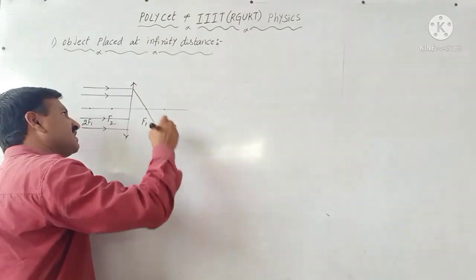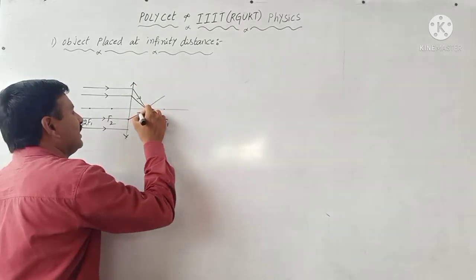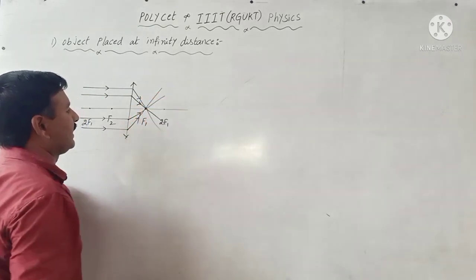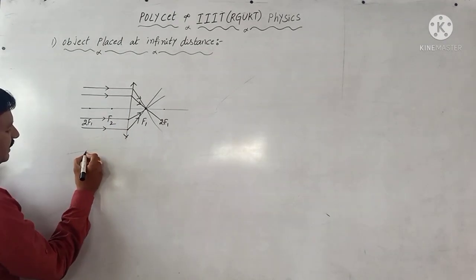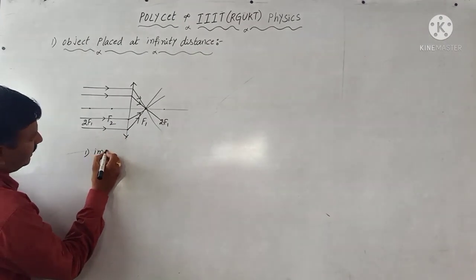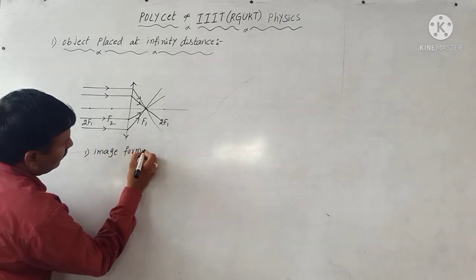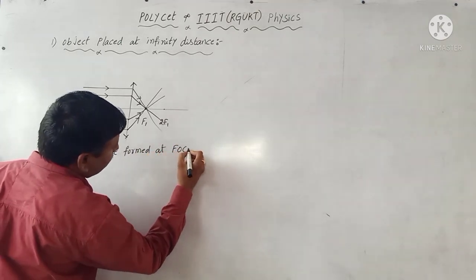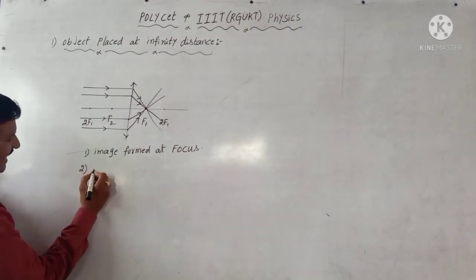After refraction, all light rays meet at focus. So, image characteristics: image formed at focus. It is highly diminished.